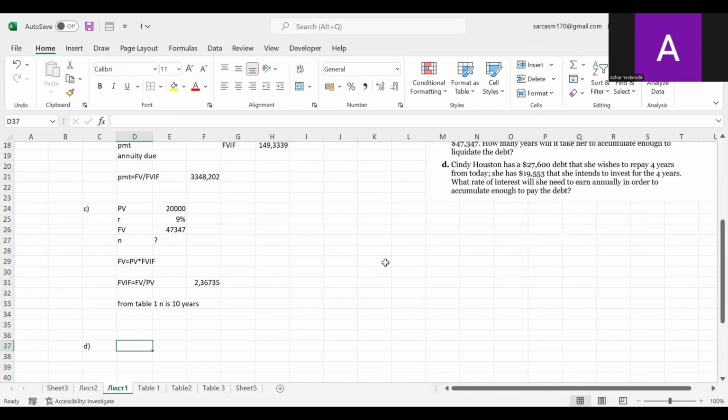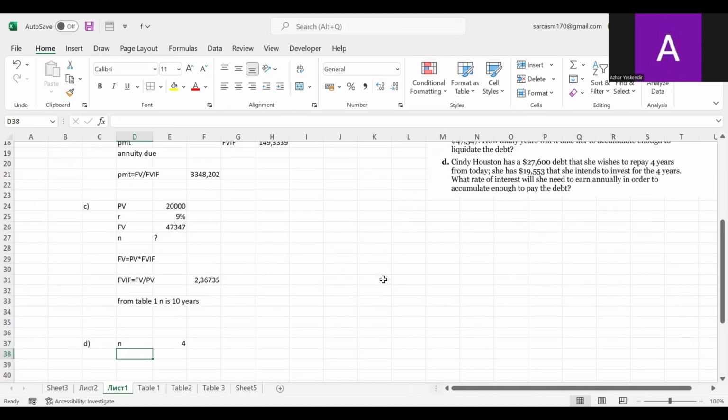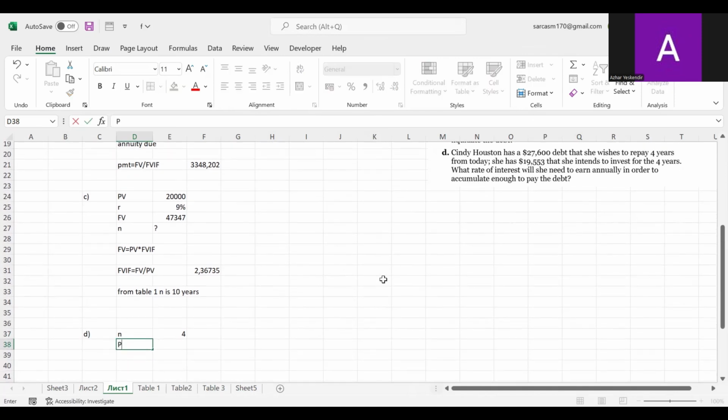Okay, so what do we have? We have the number of years, 4. We have a present value. Right now she has 19,553. And the future value is 27,600.